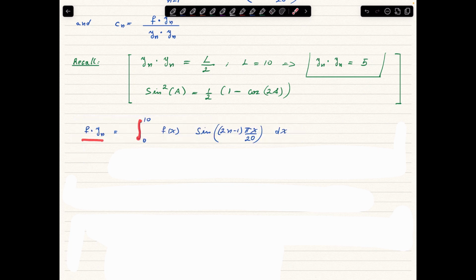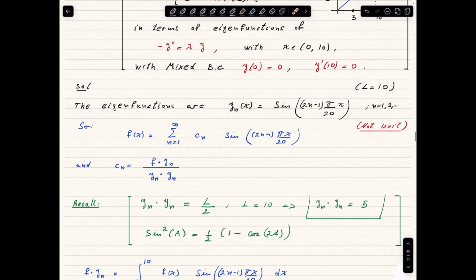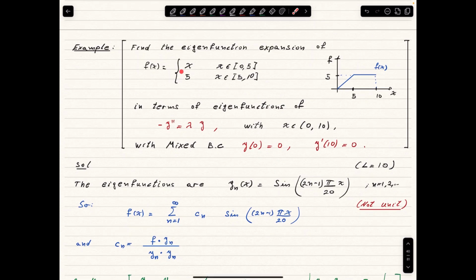It's going to be the integral from 0 to 10 of the function and then the eigenfunction. But this function has two different definitions according to whether we are in 0,5 or we are in 5,10. So we need to split the integral at 5, because between 0 and 5 the function is x, and on the other side of the interval the function is 5.